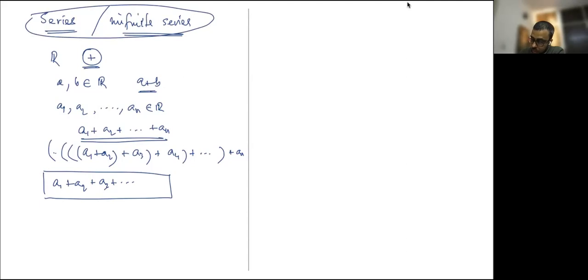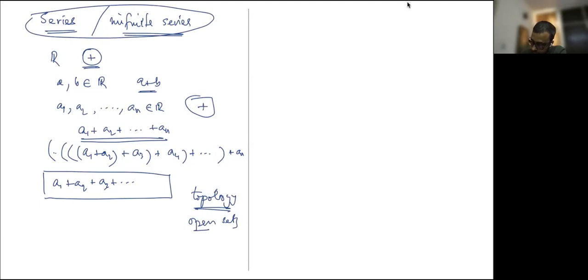So for this, in addition to this operation, we also need a topology which we now already have on R. So we have these open sets, and we have also now learned about sequences and their convergence.